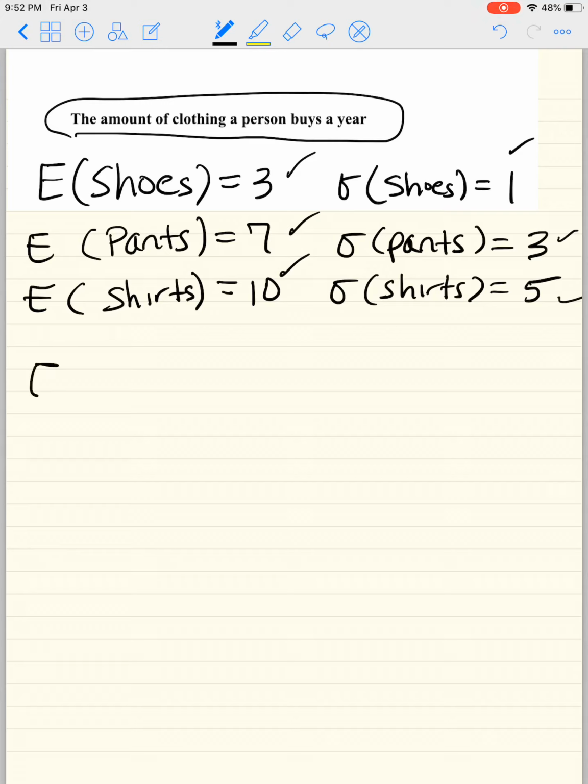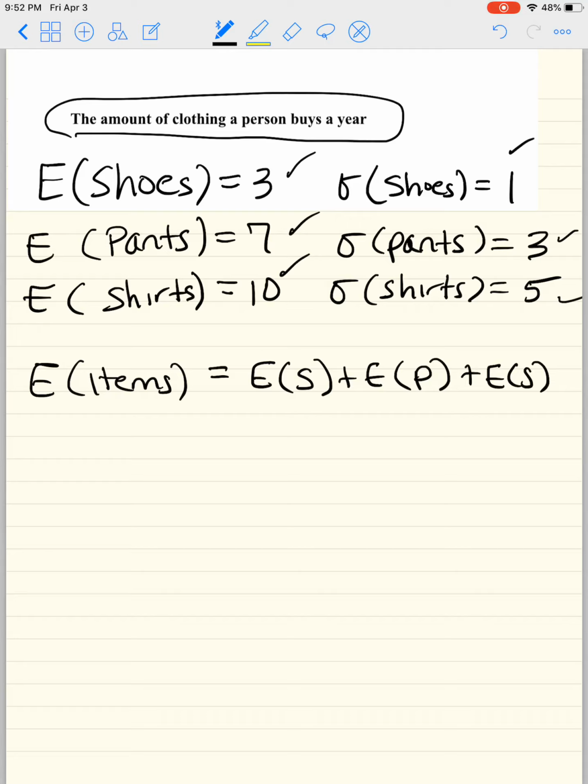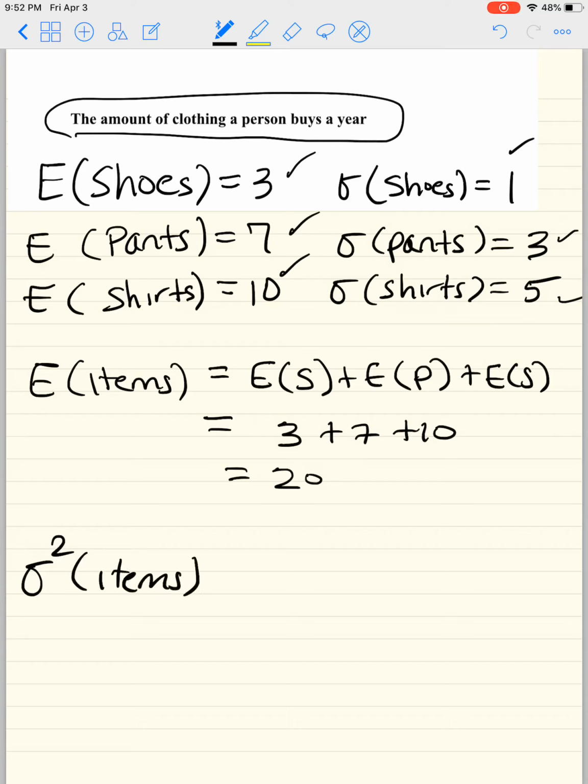The total number of items purchased per year would just be the shoes, the pants, and the shirts. And all you would do is 3 plus 7 plus 10. So typically a person purchases 20 items. Once again, the standard deviation is the most important.